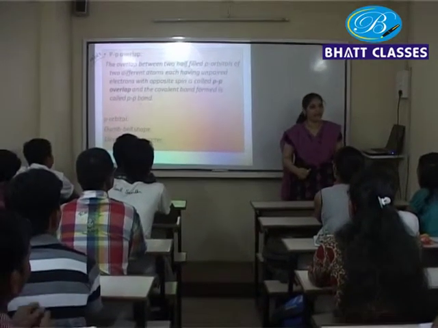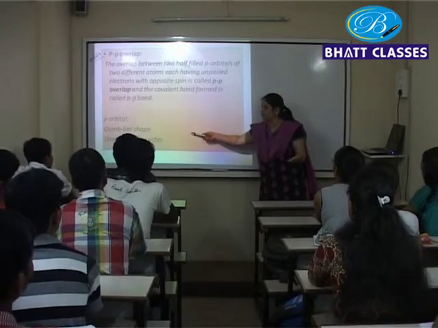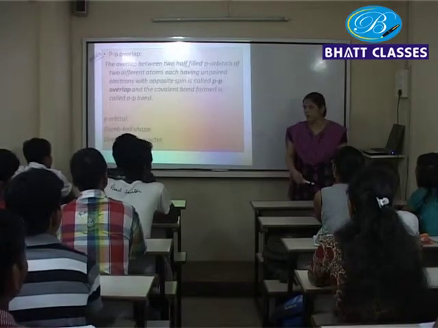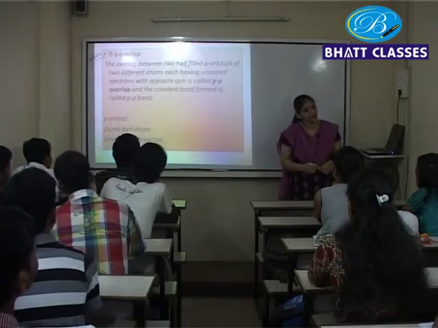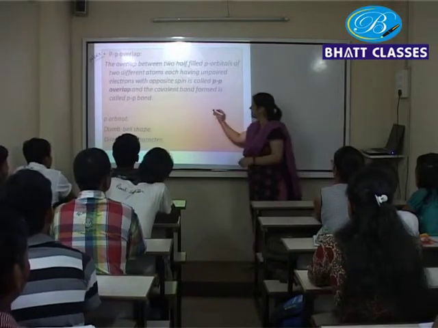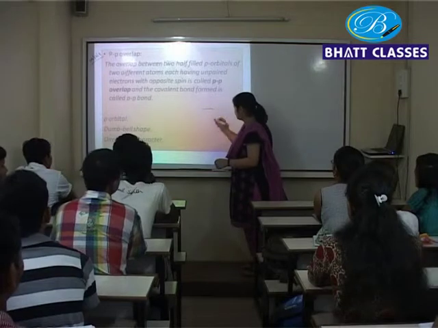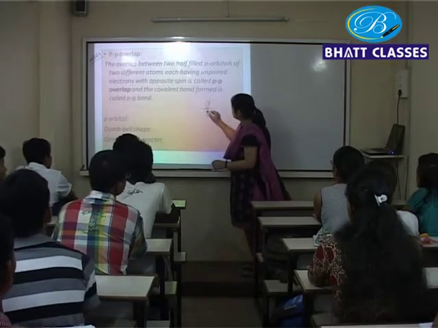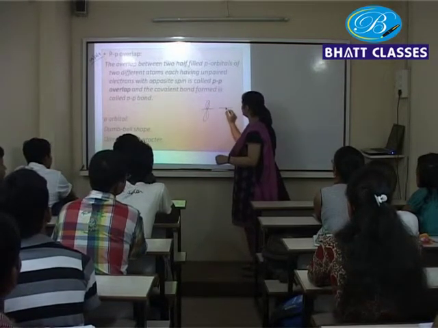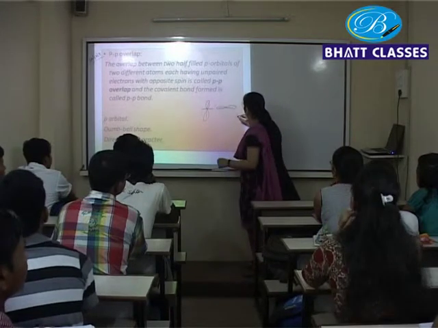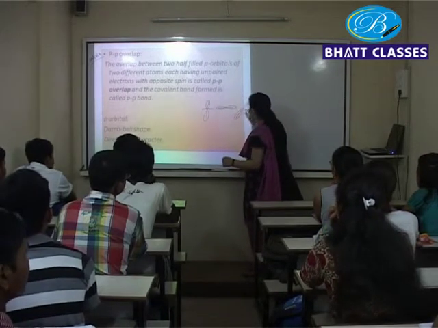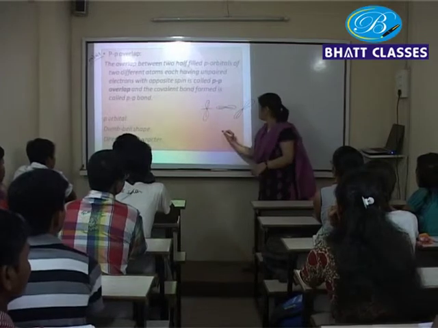Now we know about the p orbital, the shape, dumbbell shape, and the directional character. We know that p orbital, this type.